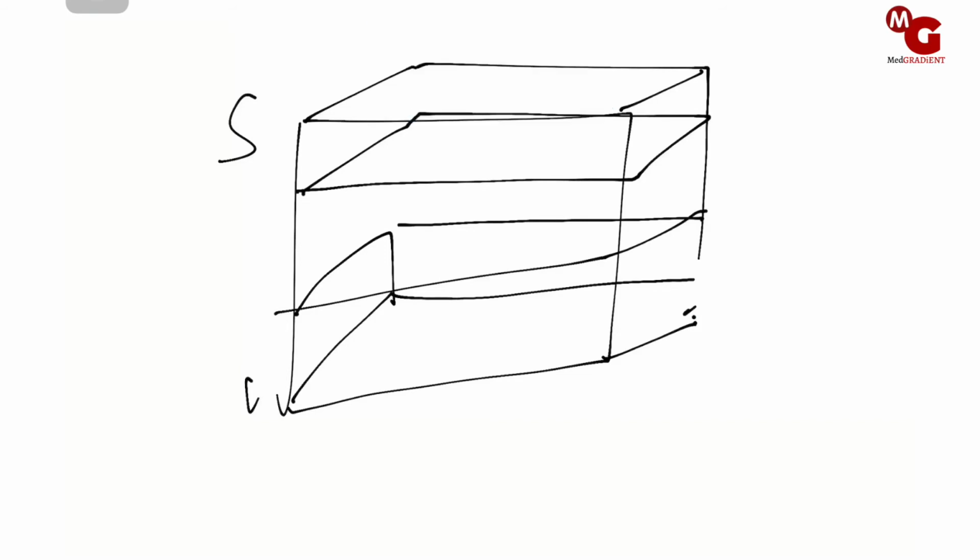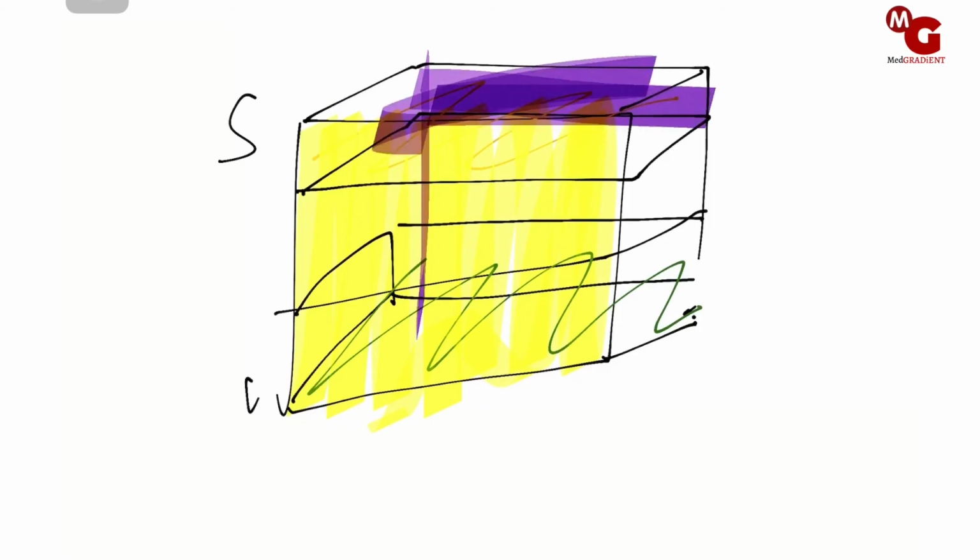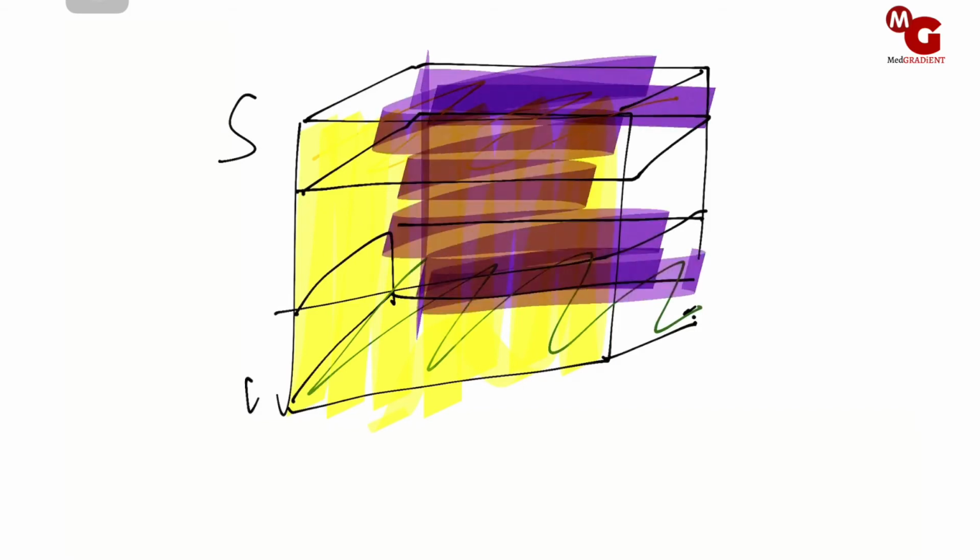Let's say this is superior, this is inferior. Now I can at the same time have an anterior, right, an anterior, and something which is posterior, right? So this is how I want you to understand that the mediastinum is divided.